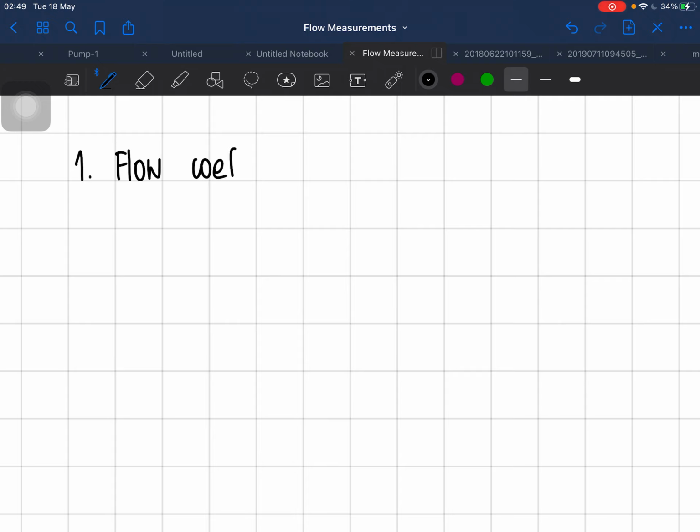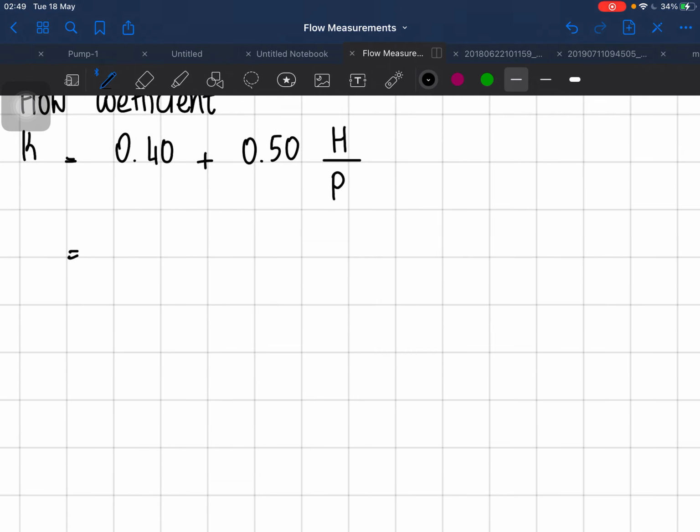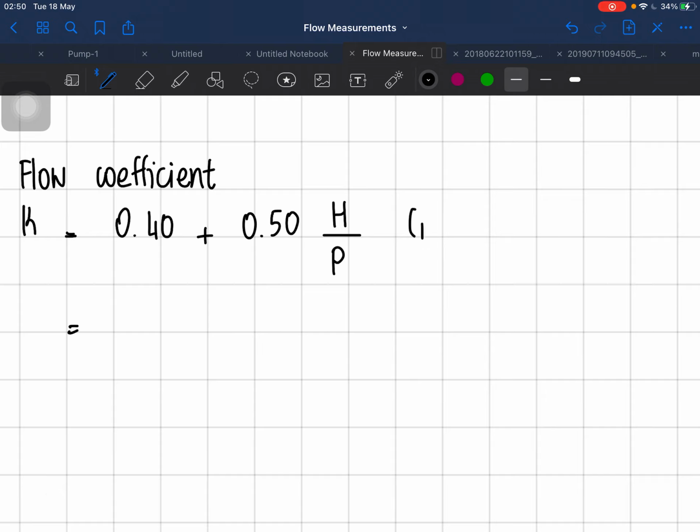Flow coefficient. K equals 0.4 plus 0.5 H over P. It says the rectangular weir, right? So this is the formula, and I'll just write this, rectangular weir.